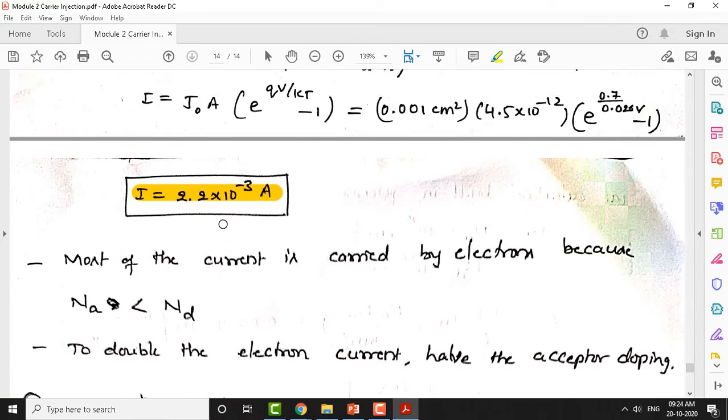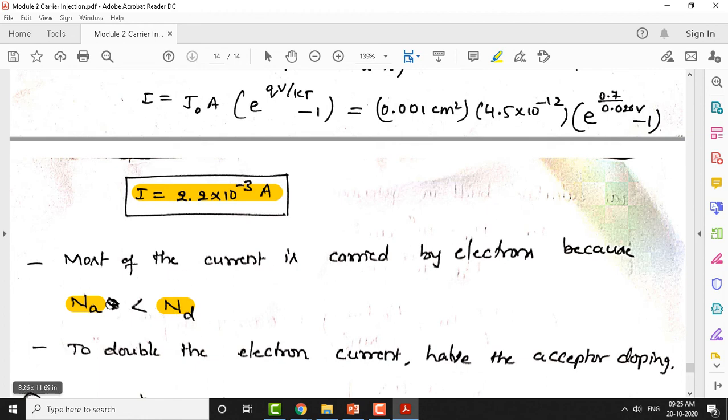If they ask what is the type of semiconductor: most of the current is carried by electrons, because Na is less than Nd. So when Nd is greater, what type of semiconductor is it? It's an N type semiconductor. The majority carrying current is electrons.